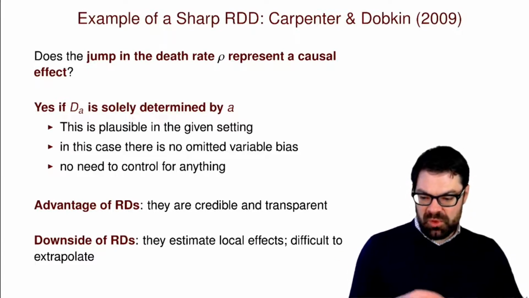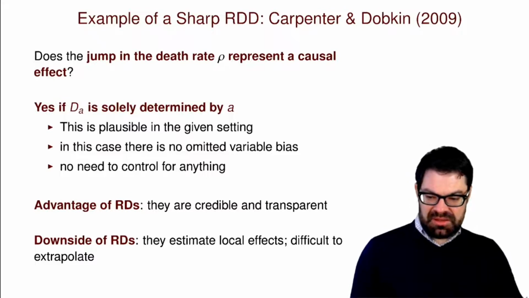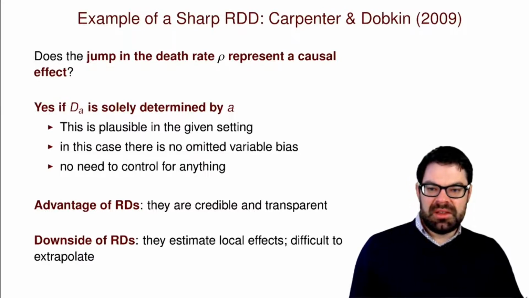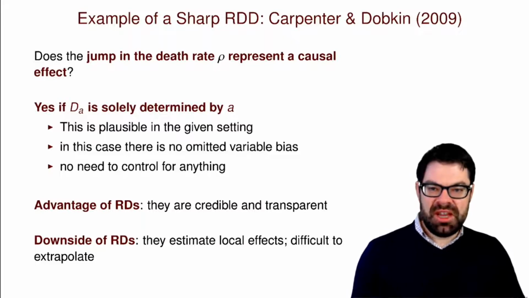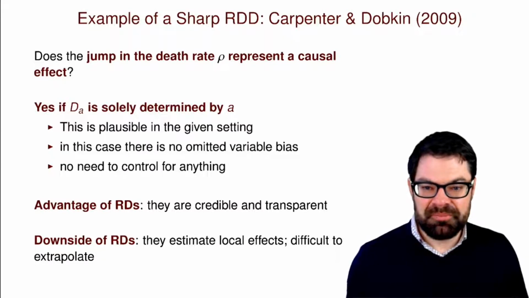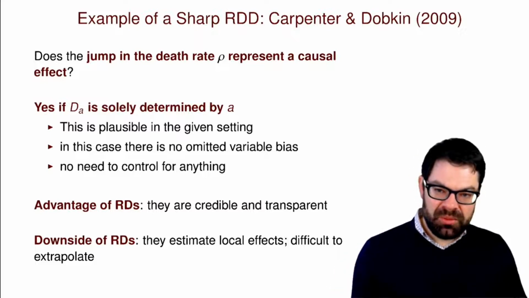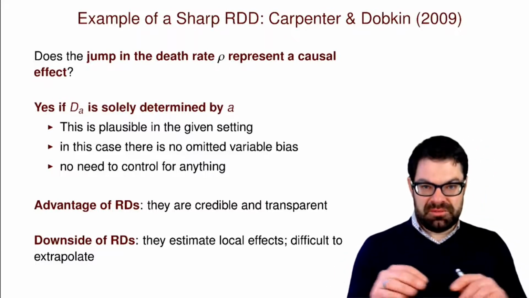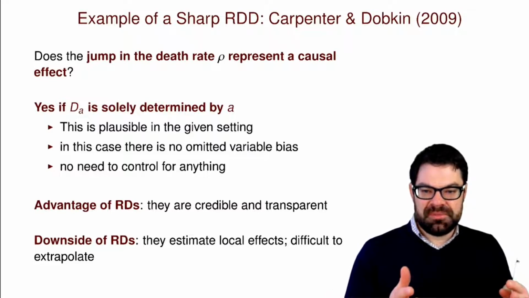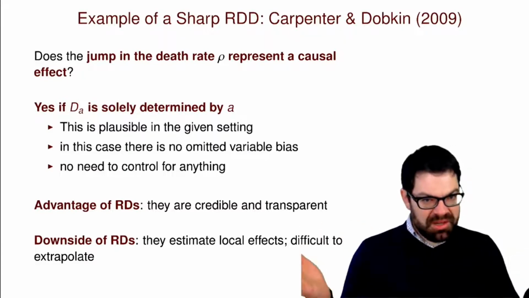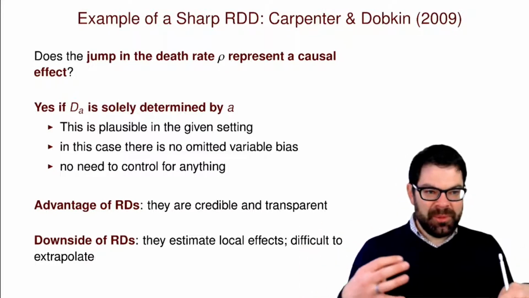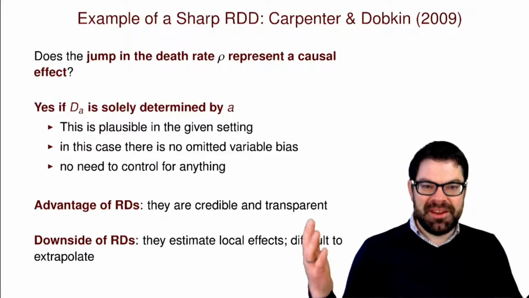The most important assumption is that there is no selection into treatment and that nothing else changes at that discontinuity. In other words, the treatment should be solely determined by the running variable, but by nothing else. And that's plausible here because people can't pick their age.